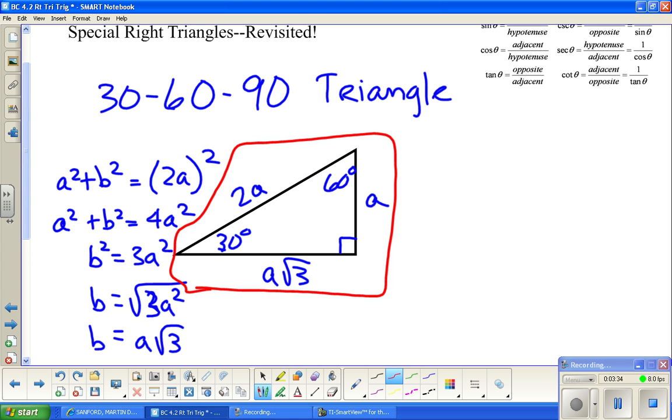This should be familiar from geometry. Again, remember that side lengths are in the same order as the angles they are opposite. In other words, if this is the smallest angle, that's the smallest side. So this leg is the shortest side of this triangle, the leg opposite the 30.